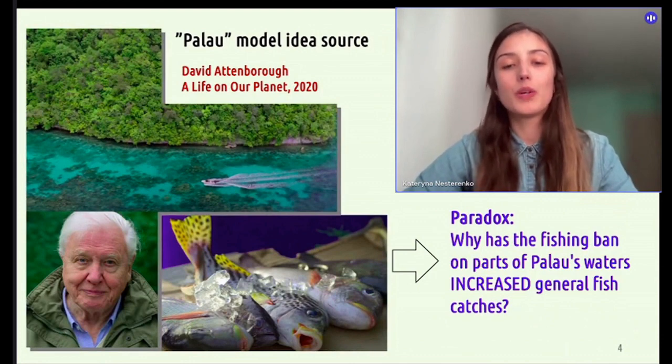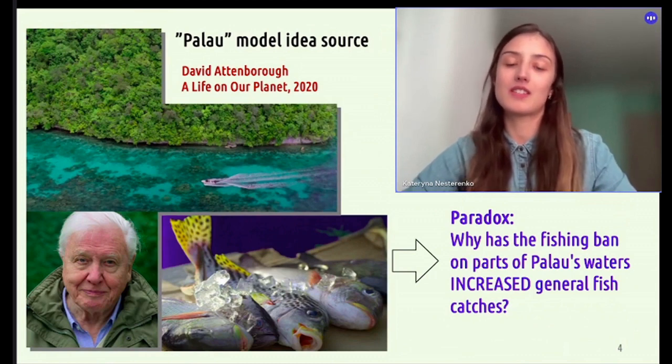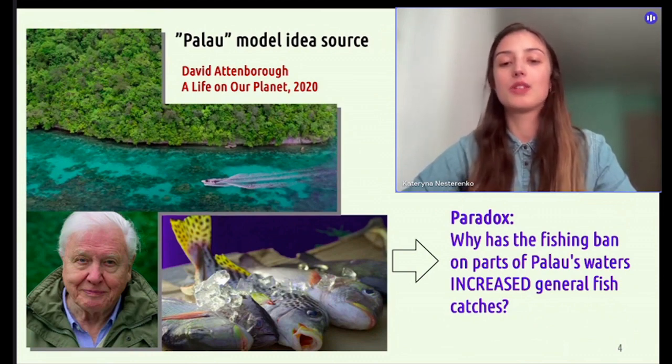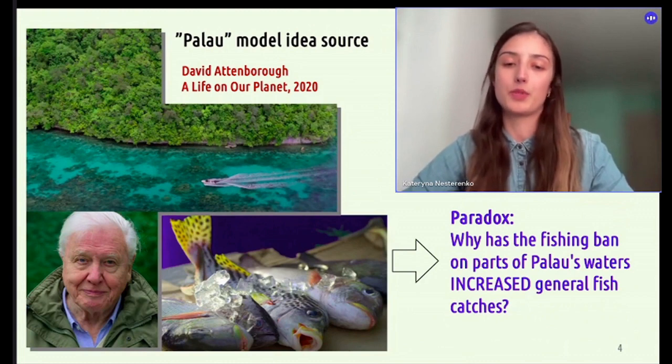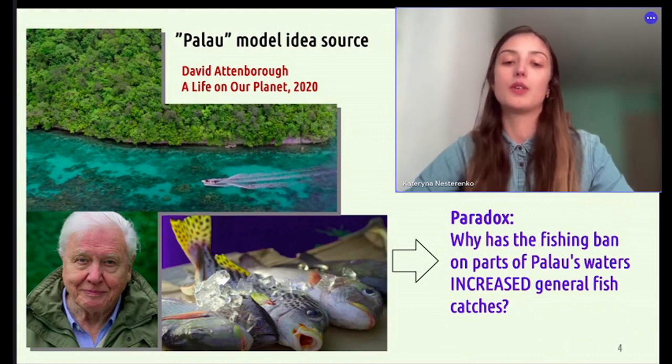There's a moment where Attenborough is sailing alone on an island in the Palau archipelago and says that when Palau banned fishing in certain areas, it eventually led to an increase in the number of fish caught per day.